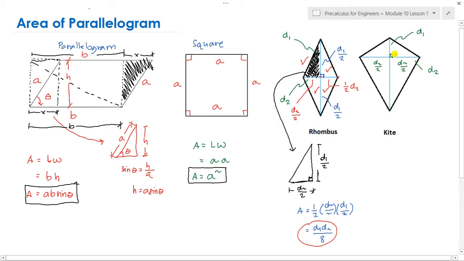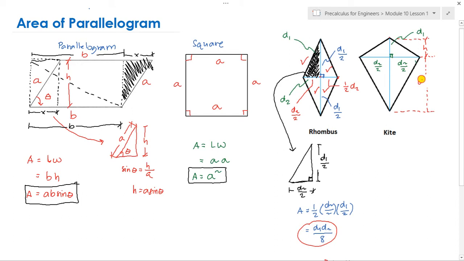Okay, so what will we do here so that we can derive the formula for the kite? Let's assume that from this vertex, we project to the location of the second diagonal, and we label that as H. So also at the lower vertex, I will erase this. We project the lower vertex towards the second diagonal.